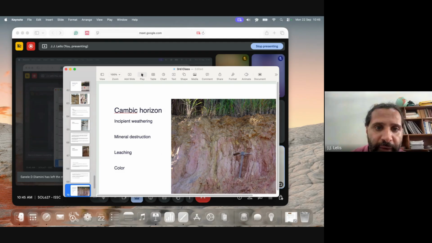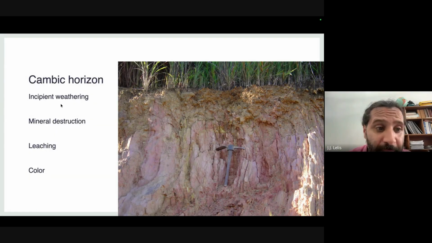So the Cambic horizon should be the last diagnostic horizon that you think about when you are trying to classify a soil. And why? Because the most important property of this specific diagnostic horizon is that it does not fit the others.